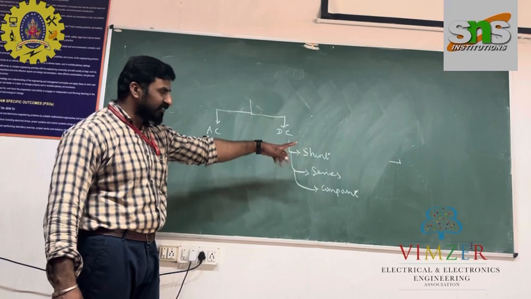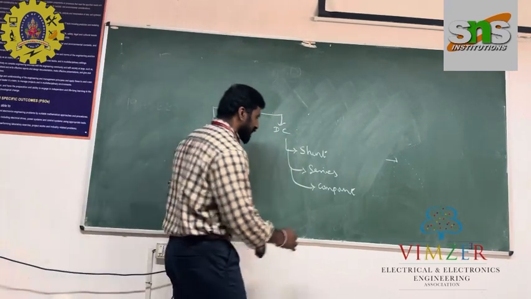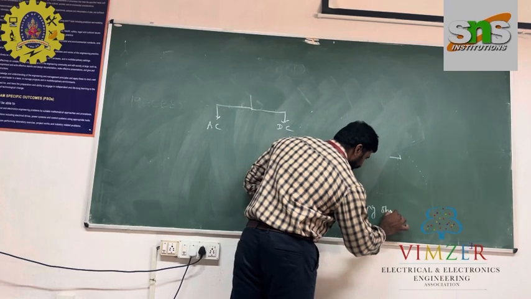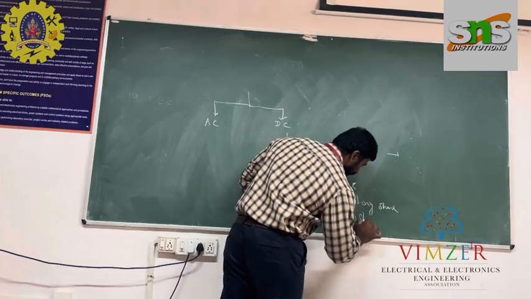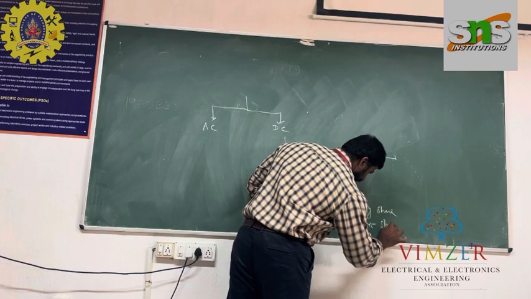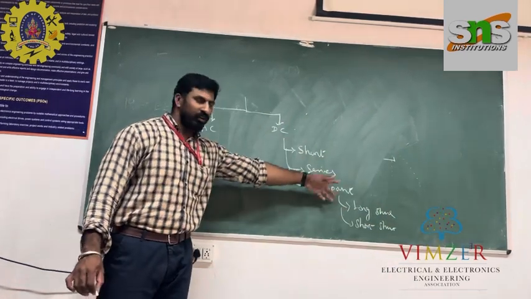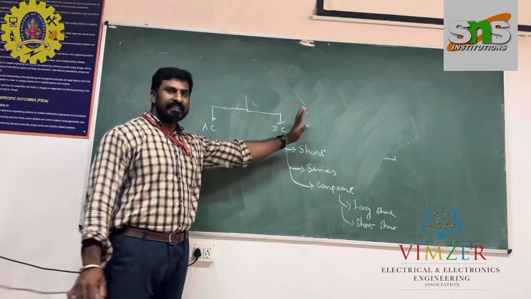So we have three different kinds of motors in the DC segment. Again, the compound motor is called a long shunt or a short shunt. So we have four or five different kinds of motors in the DC segment.